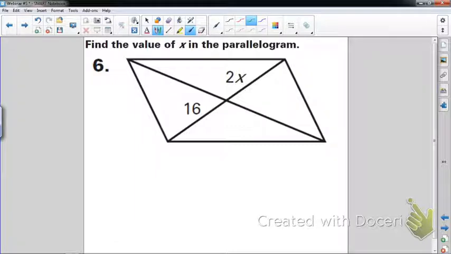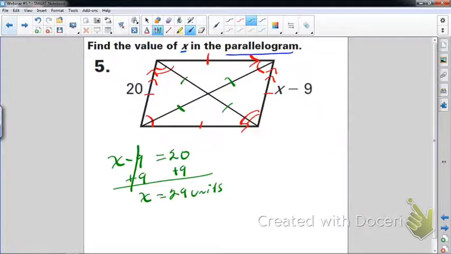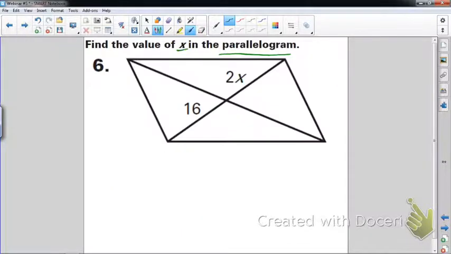Here we go. We're going to try to figure out exactly what x is, and it is a parallelogram, so I'll go back to the last example. If you look at it, I marked everything. What they're giving us is diagonals. We'll call this one O. So if we look at the diagonals, they bisect at O. That tells us that this line segment is going to be congruent with this line segment.